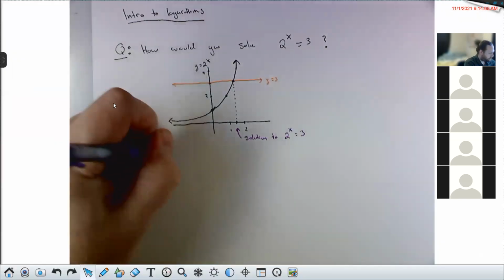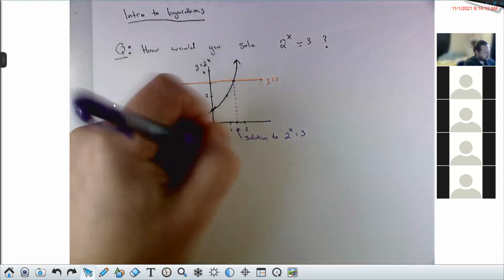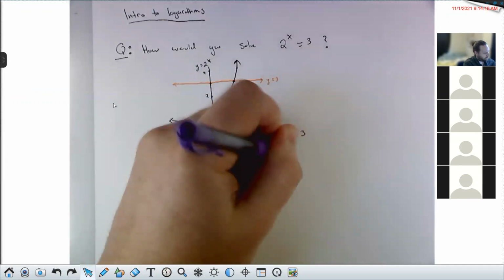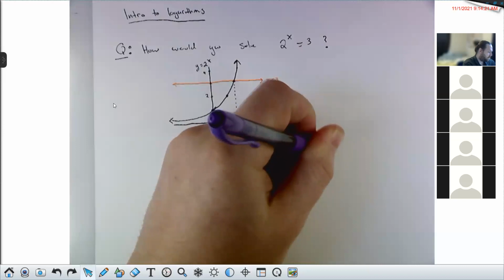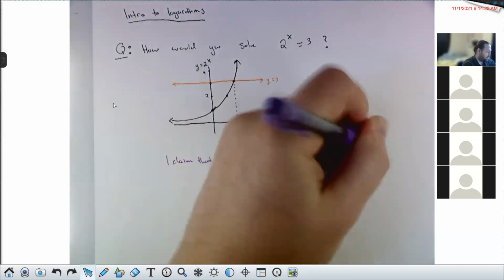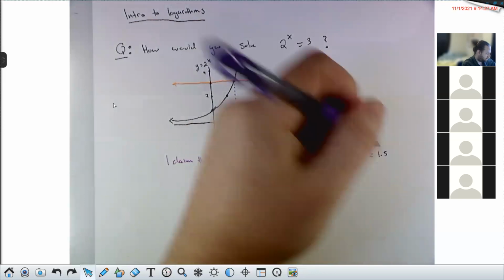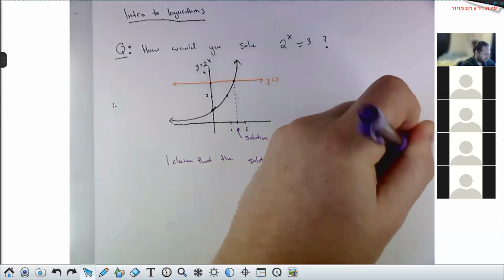So I claim that the solution, which is hard to find, is x equals approximately 1.58496.